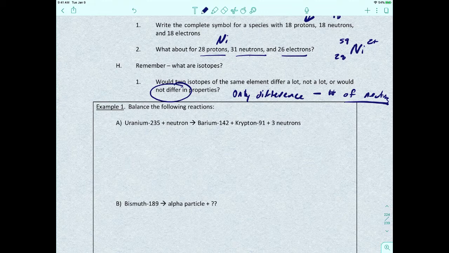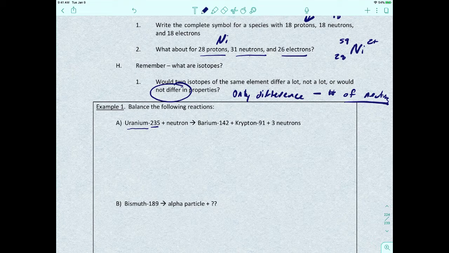All right, so we need some information before we go. First off, since everything is written out in words and not symbols, we need to write the symbols. When we write the symbols, we need the atomic numbers. Now, the numbers that come after the name, for instance uranium-235, indicate the mass.